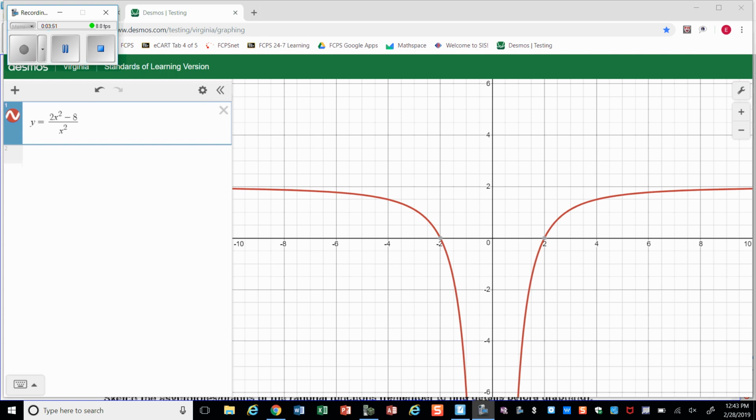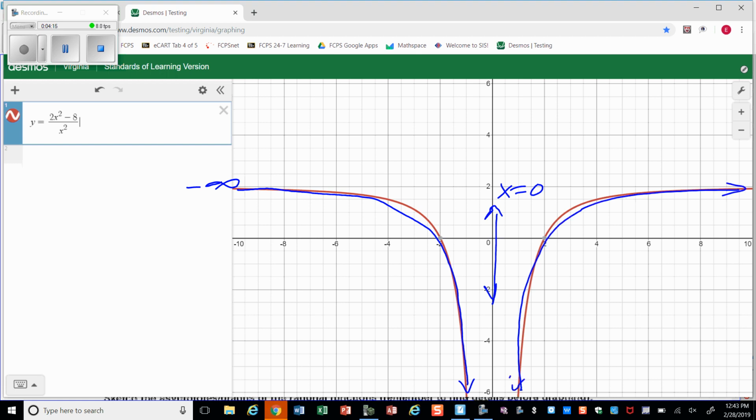For the domain, everything is fine from negative infinity until we get to x equals 0, my vertical asymptote. I have to lift up my pencil so it's discontinuous, and then I pick up from 0 again and go to positive infinity. So these are my 2 intervals, negative infinity to 0, and then from 0 to positive infinity.